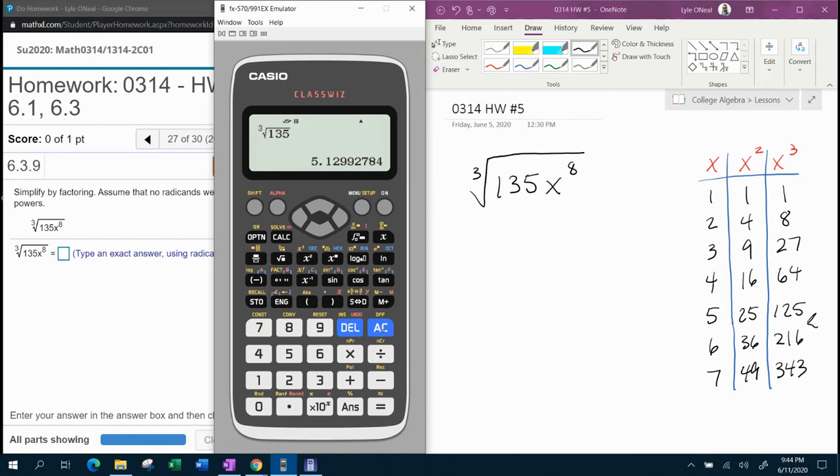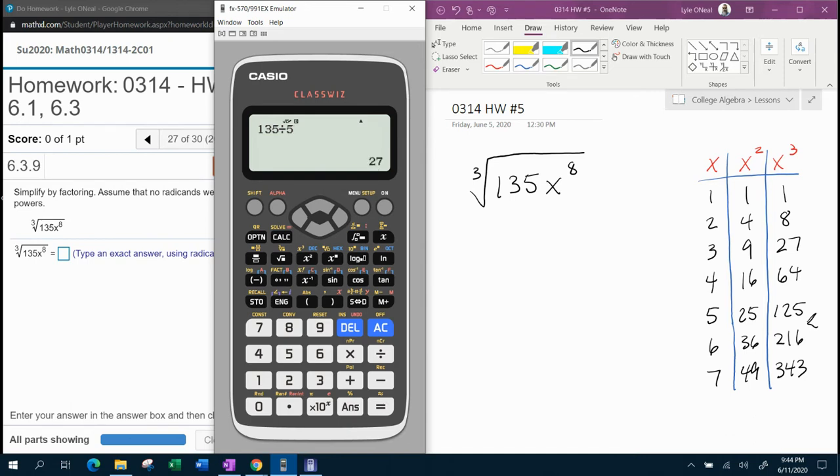So our job is to look for factors of 135 where one of those factors does occur in our list of perfect cubes. And so we're going to take the number 135 and we're just going to start dividing it by numbers that we know go into 135. For example, 135 ends in a 5. So I know that 135 will divide by 5 evenly.